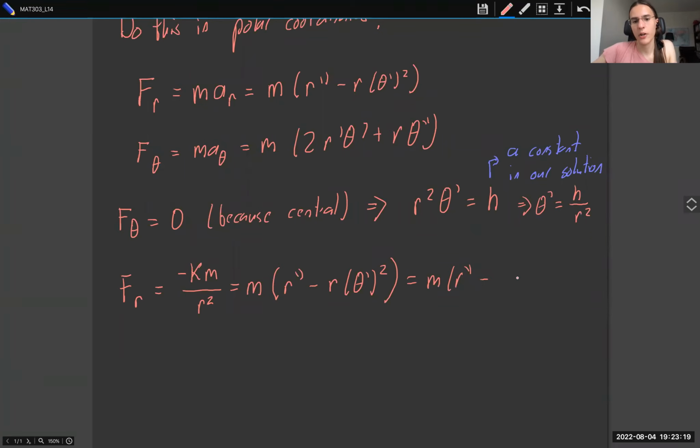So I'll get h squared divided by r cubed. And then I have m. I'm going to cancel the m's out, and I'm going to multiply everything by r cubed. Or not. I'll rearrange it so that r prime prime is equal to, sure, let's just cancel the masses out for now.